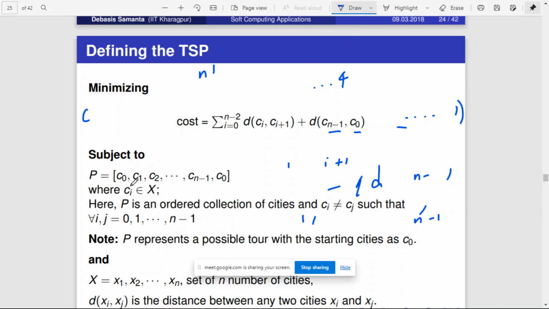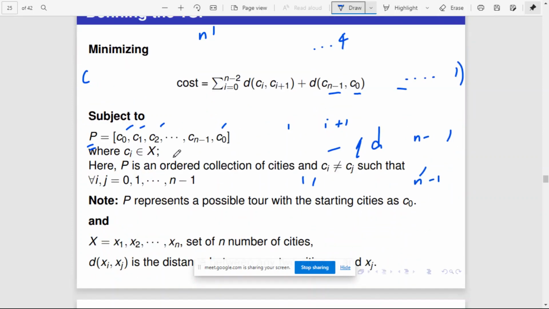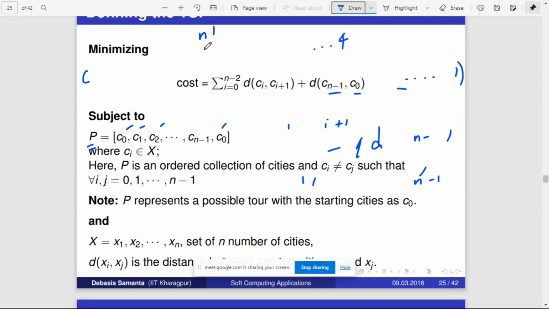We should visit all the cities exactly once, but only C0 can be visited 2 times, where P is an ordered collection of cities such that Ci is not equal to Cj, right? So we have to identify the correct order. That is how this ordering scheme is represented. There are n factorial permutations available, but we have to identify the correct order.